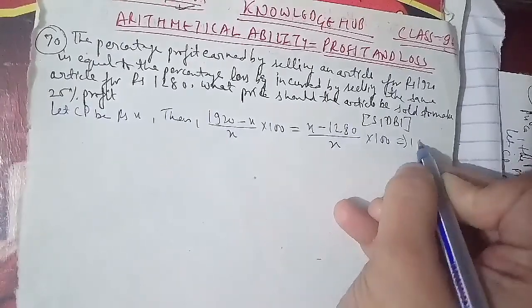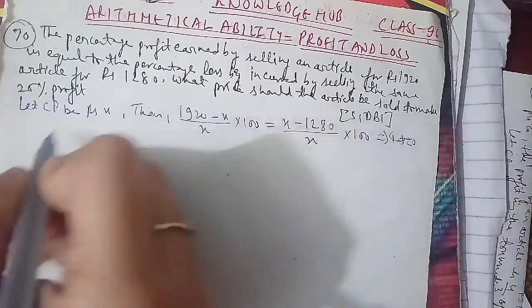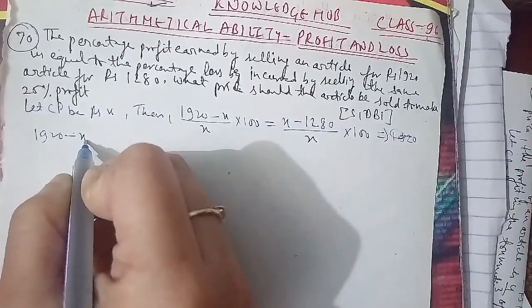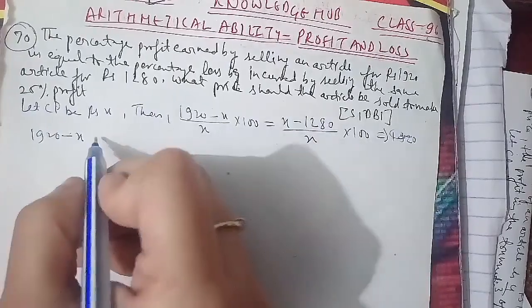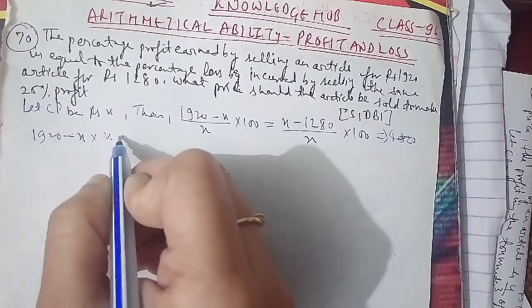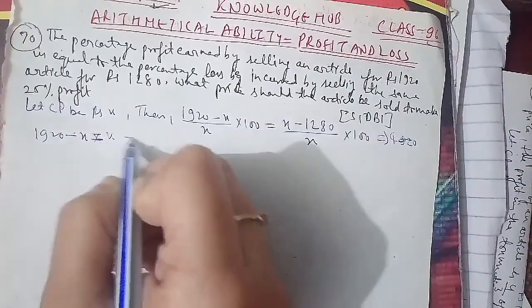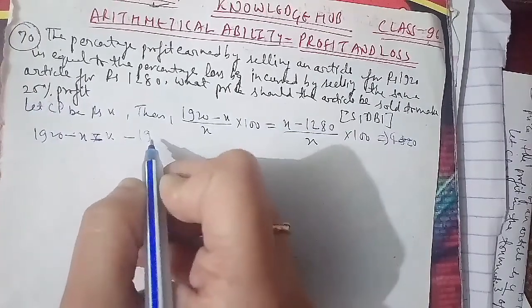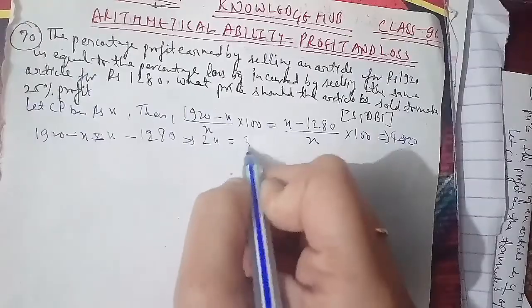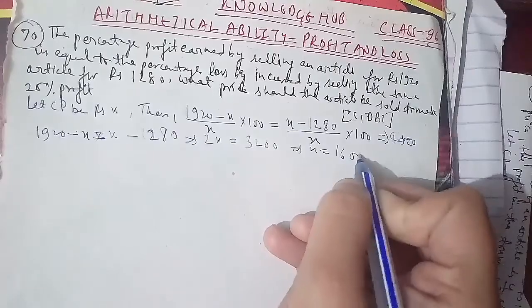That gives 1920 minus X equals X minus 1280. Further, 2X equals 3200 and X equals 1600.